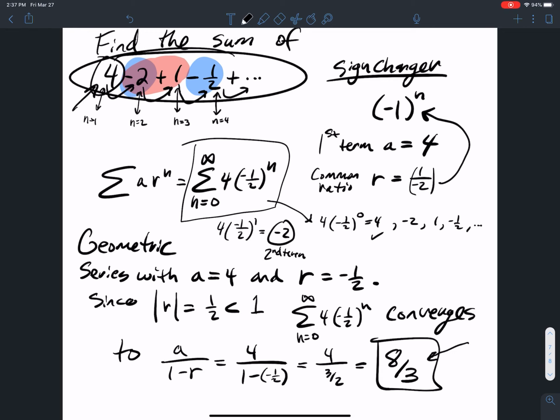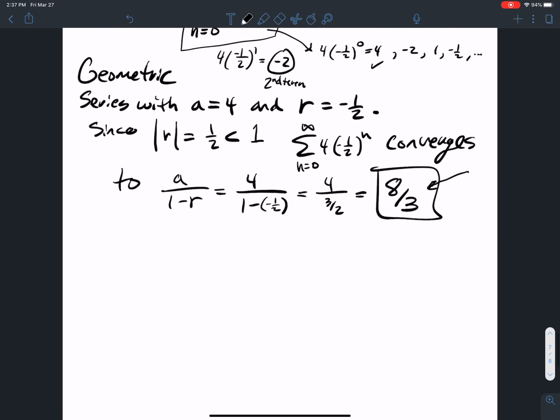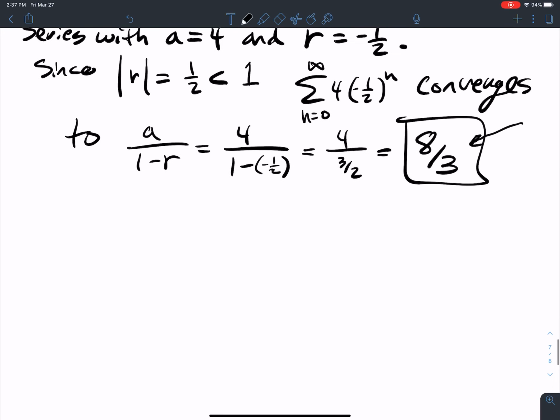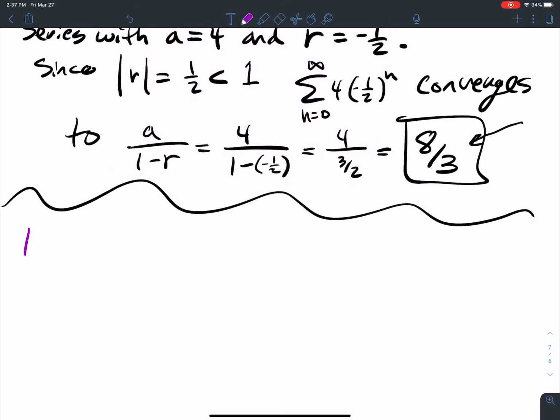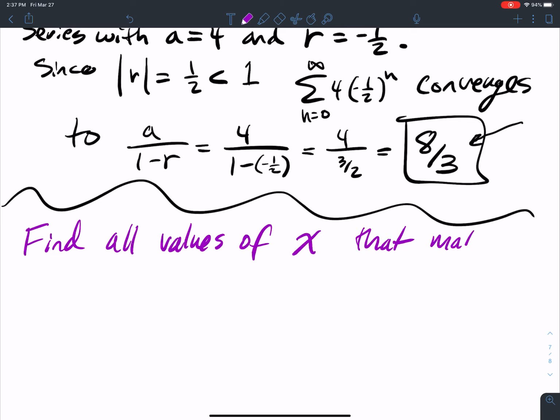All right, let's see here. Let's do this last one relating to geometric series. I want you to find all values of x that make the series converge.